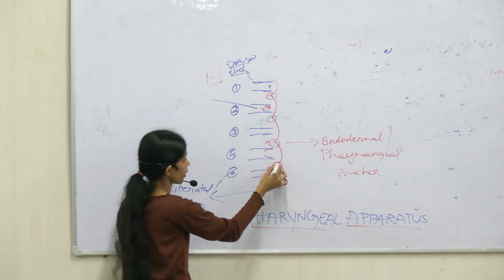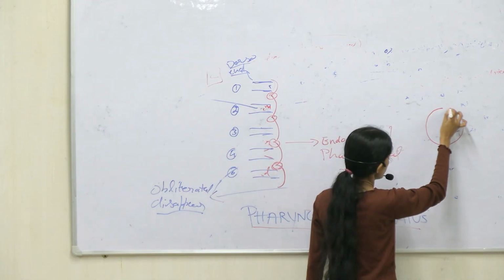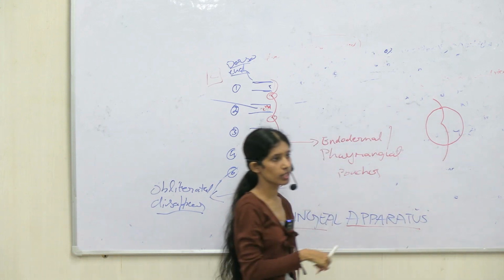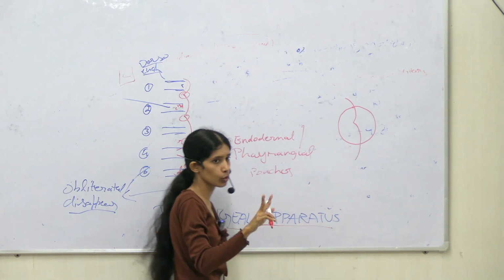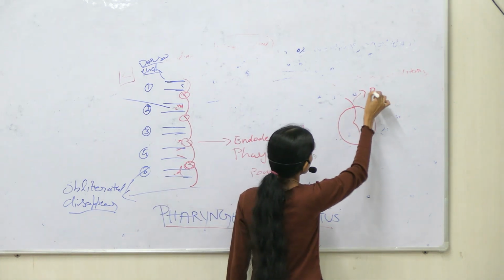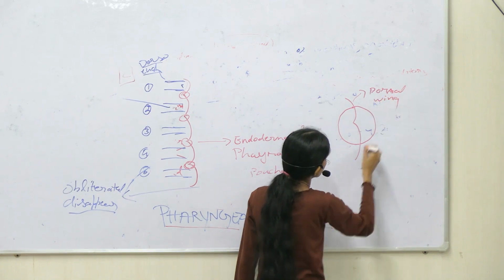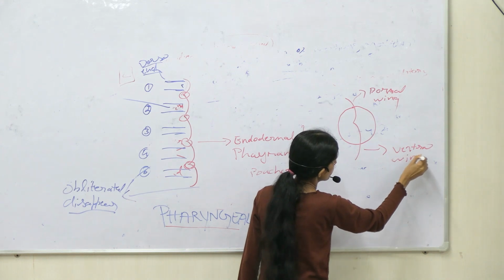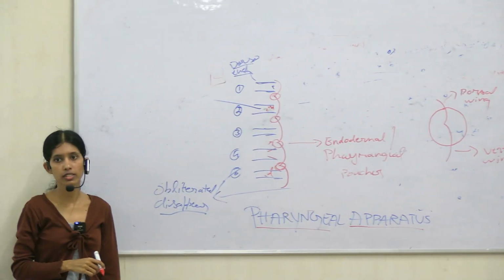So now each pharyngeal pouch, see, this is the pouch part and here the endoderm is entering, I mean the lining part. So now this endoderm has two wings again. This is called dorsal wing and this is called ventral wing. Any doubts in this?